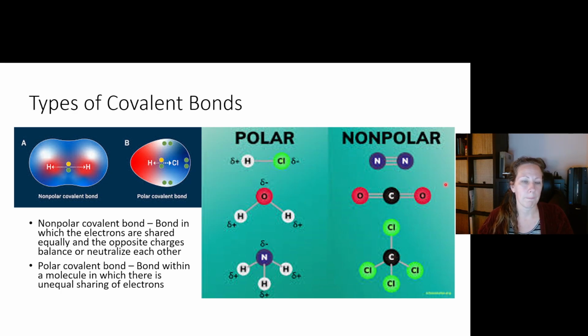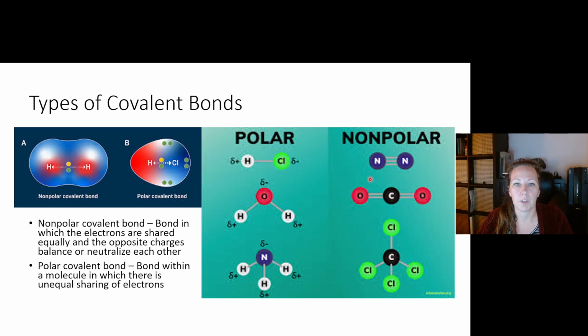So for example, in a nonpolar 3-atom molecule, here we have carbon dioxide, the oxygens are pulling straight out from the carbon, okay?